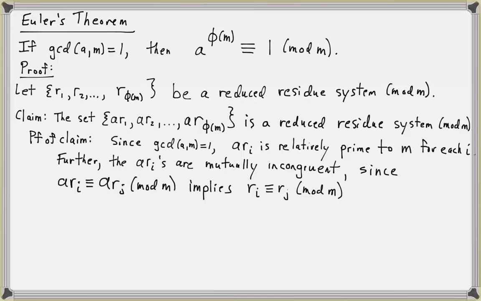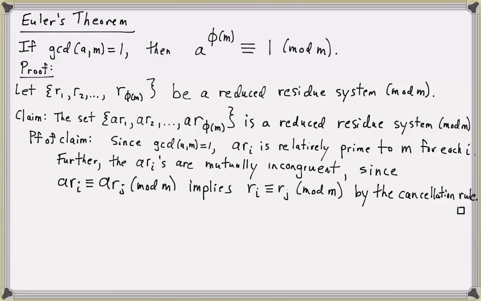And we know that the R's are mutually incongruent. So we see that the aR_i's are relatively prime to m, and they are mutually incongruent. Therefore, they form a reduced residue system mod m. So that finishes the proof of the claim.